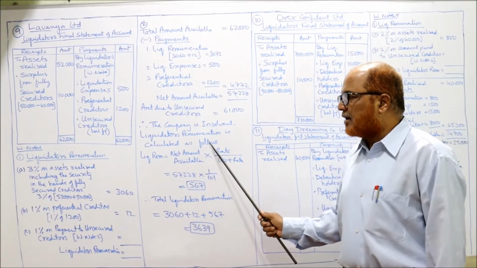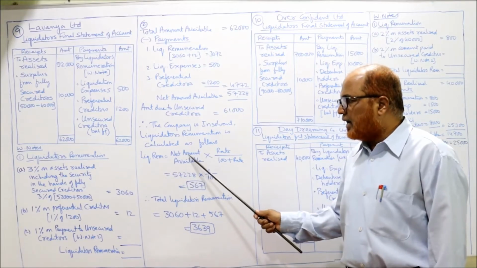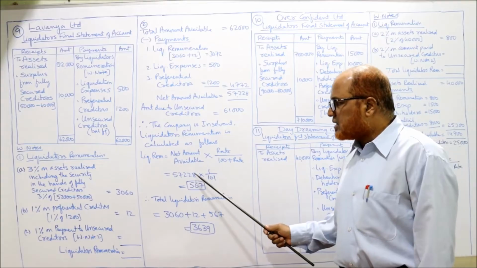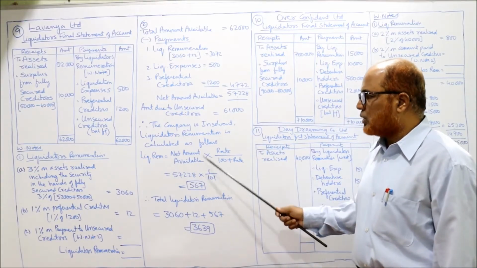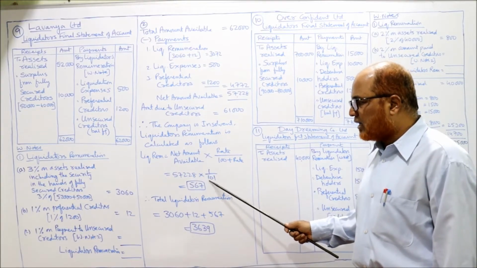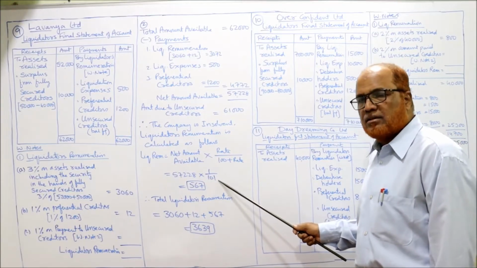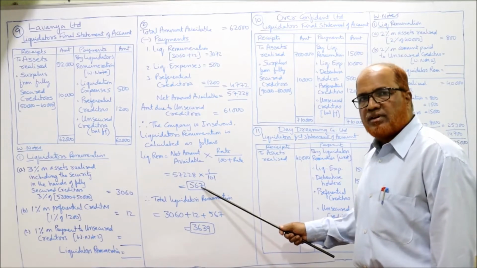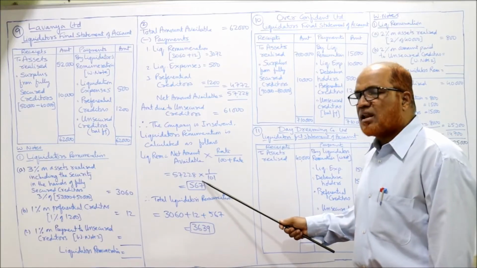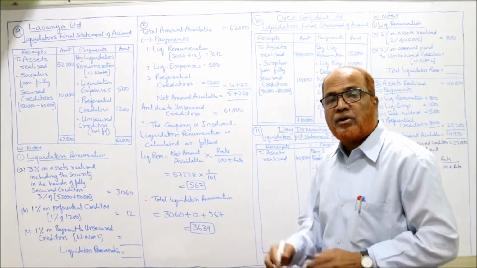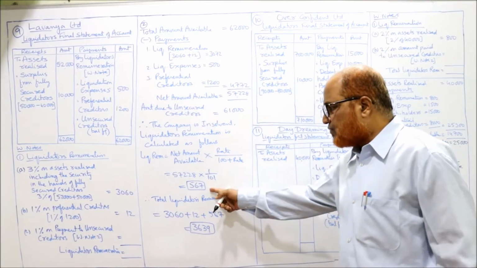Liquidator's remuneration is calculated as follows: net amount available into rate divided by 100 plus rate. So net amount available 57,228 into 1 divided by 101. It comes to 567. So 567 is the remuneration paid on the payment to unsecured creditors.